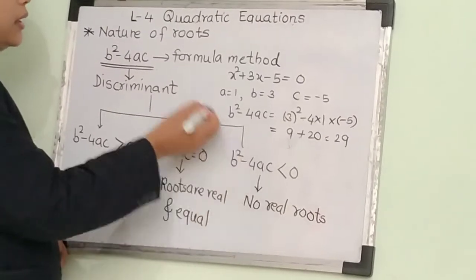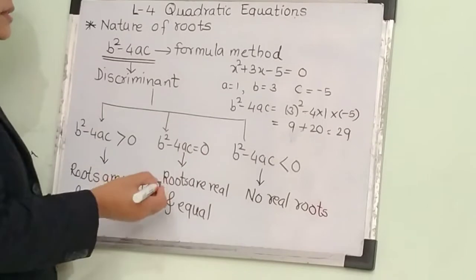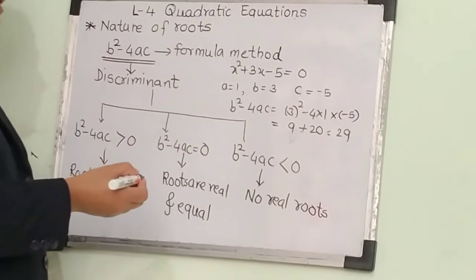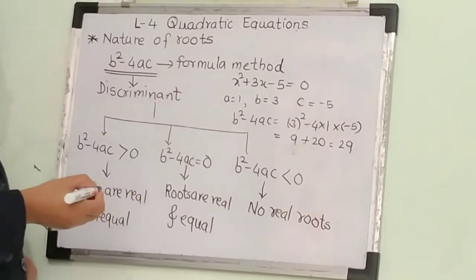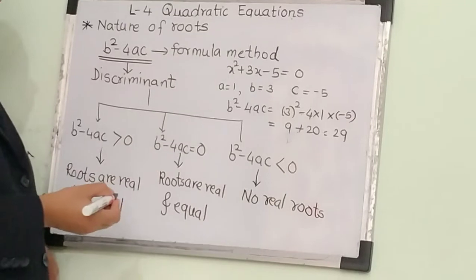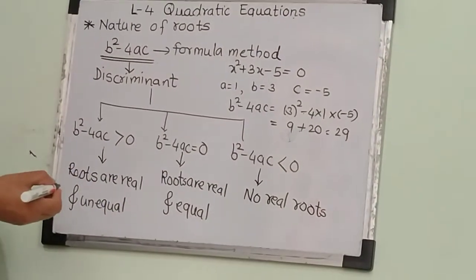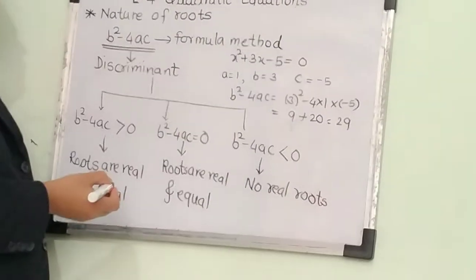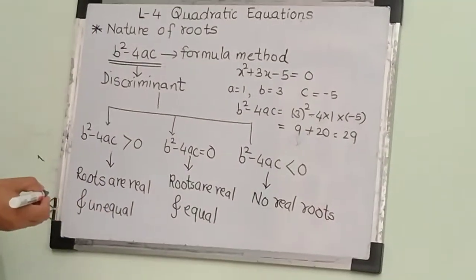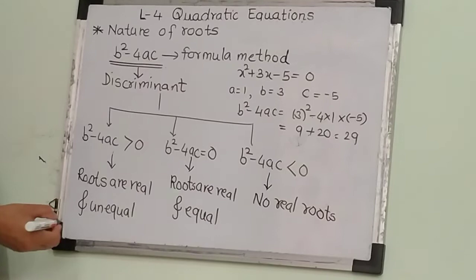And when the discriminant value is less than 0, that is negative, then no real roots are there. So like this, the nature of roots of a quadratic equation. Now we are going to solve exercise 4.4 based on this nature of roots. So let us start exercise 4.4.